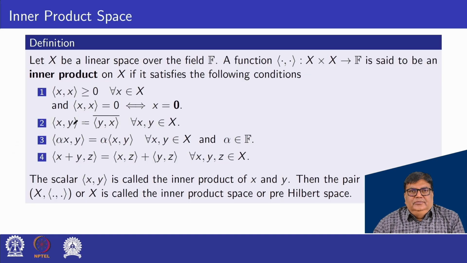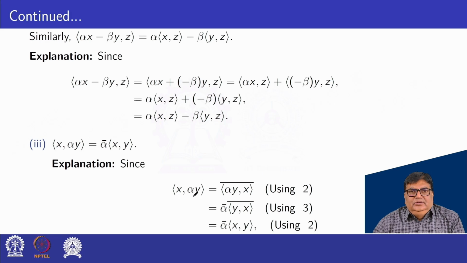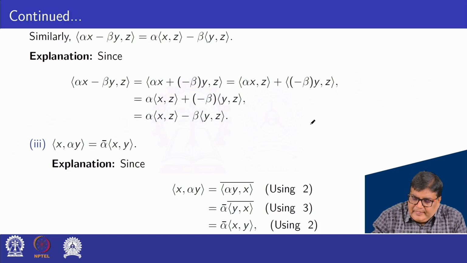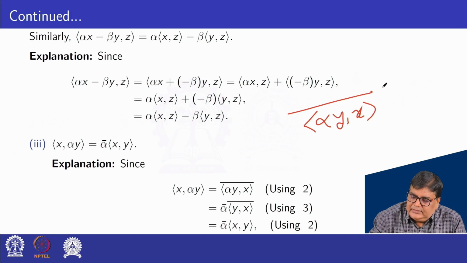This is a scalar, so using property 3, alpha can be taken outside: the conjugate of alpha times inner product of (y, x).